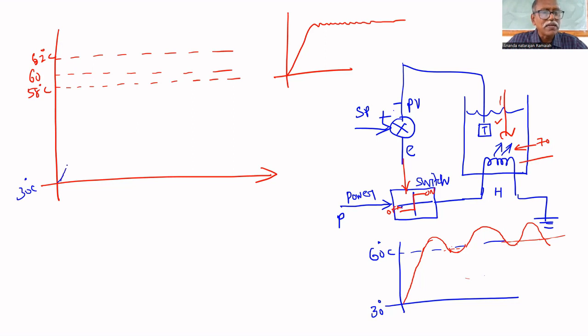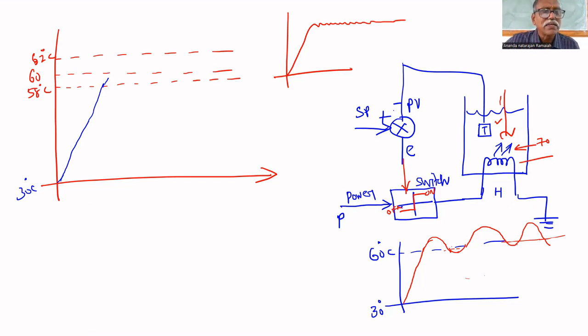The temperature will increase, but within that limit, 58 to 62, the on-off controller will not turn off because it is within the limit. It won't say anything.